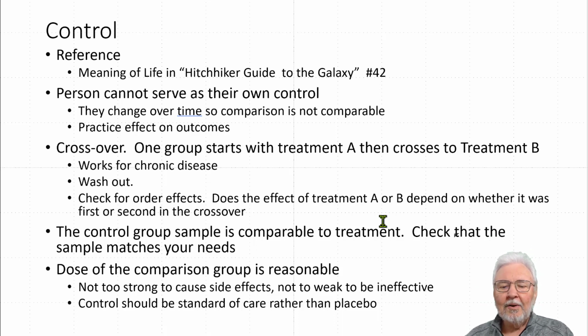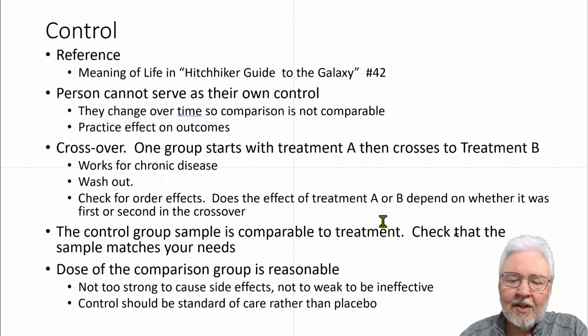Another important consideration for you, and you're a doctor, you have to evaluate this. There's a washout period. First of all, if they just stopped treatment 1 and went into treatment 2, is that appropriate for this? Or do you need time for the original treatment to kind of fade away before you go to the next one? So look at the washout period. And finally, in a crossover trial, make sure that the authors checked for order effects.